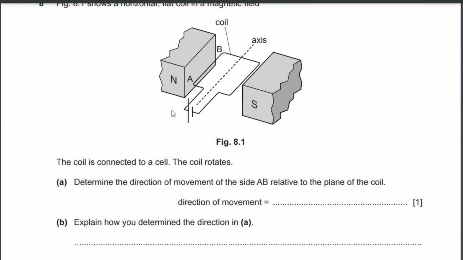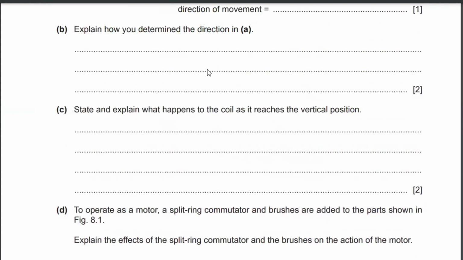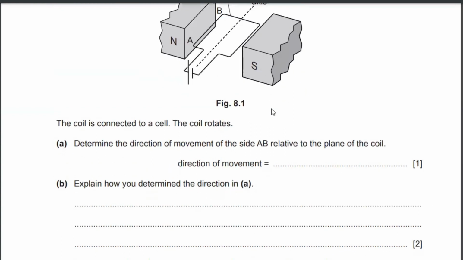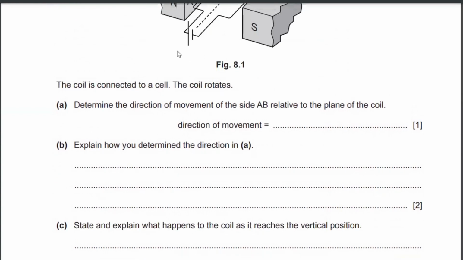We don't want the battery itself to change the direction. So the brush will make sure that the positive and the negative terminals stay where they are. Only the current flowing in the coil is changed. Due to that, the coil will keep on rotating in the anti-clockwise or clockwise direction, whichever direction it was already moving. So it won't stop at the vertical position as it did when we didn't add any commutator or brush.